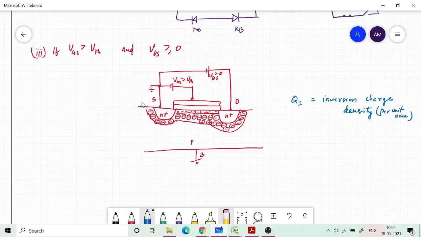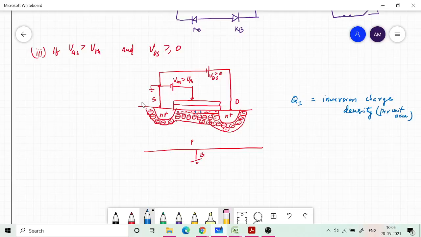I am talking about the electrons in the channel that has come, because we have applied VGS greater than VTH. Mobile charges will come, which are electrons, and the density of that charge is what I call inversion charge or inversion charge density.